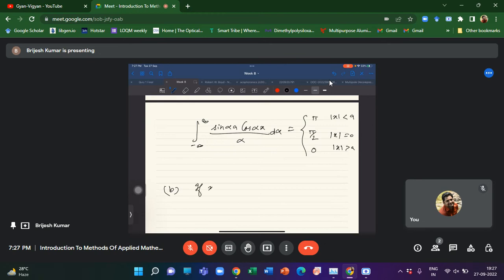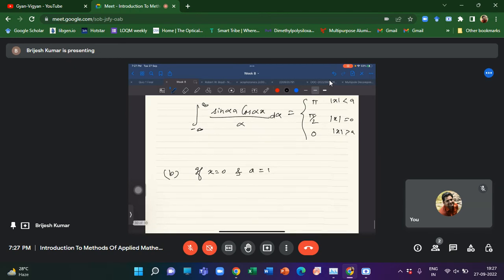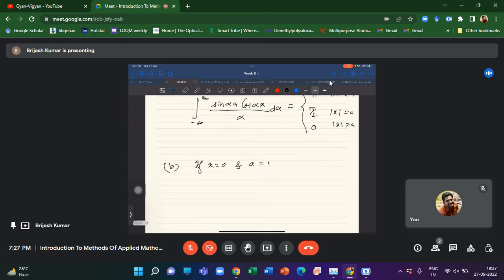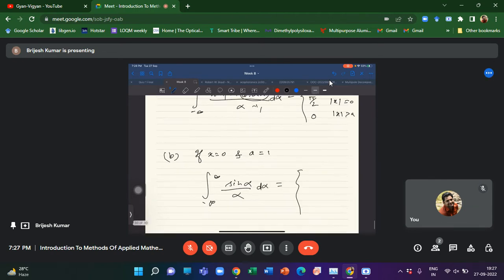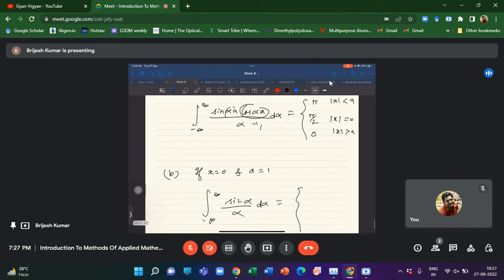If x is 0 and a equal to 1, then cos alpha x equals 1, and this will be the integration from minus infinity to infinity of sine alpha upon alpha d alpha. Since x is equal to 0, this part applies, so this will be pi by 2.